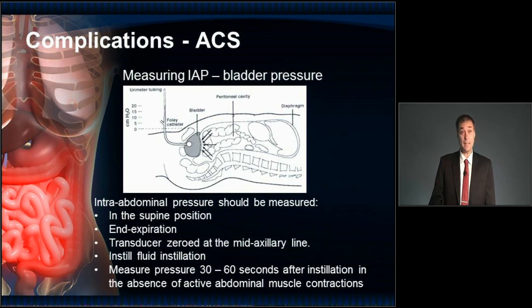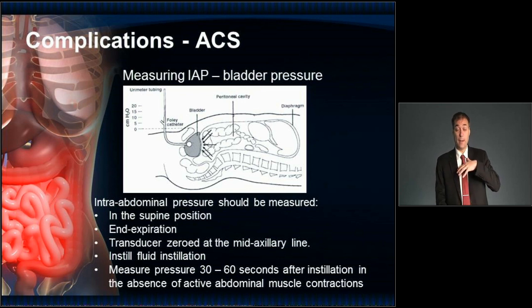When we suspect abdominal compartment syndrome, it is important to measure the patient's pressures inside of the abdomen. Now, there are lots of ways to do it, but the easiest and most typical way to measure intra-abdominal pressure is a bladder pressure. Even though the bladder is not in the peritoneum, it's below it.